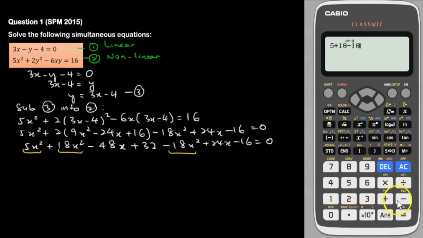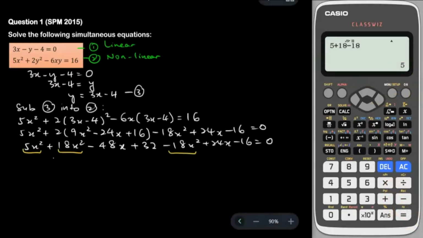So we still have 5x squared. So I write here 5x squared. Then after that, I find all the ones with the x. So here, this one, x, and this one. So negative 48 plus 24, we get negative 24x.